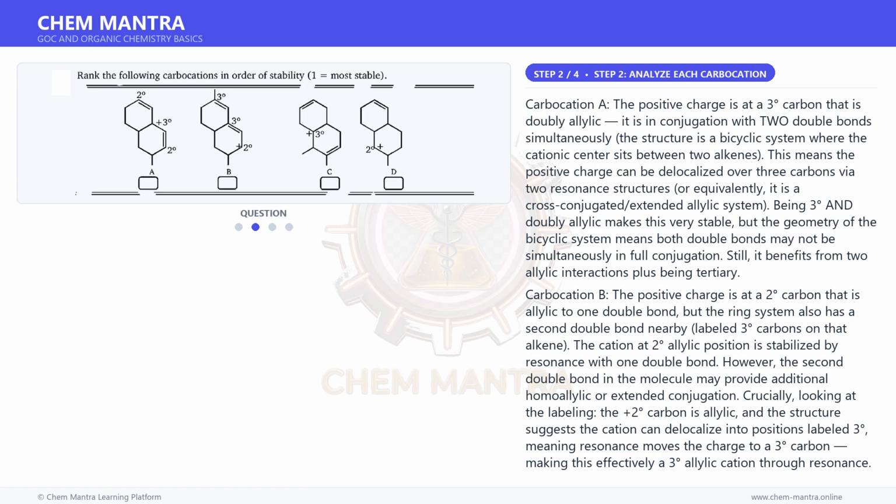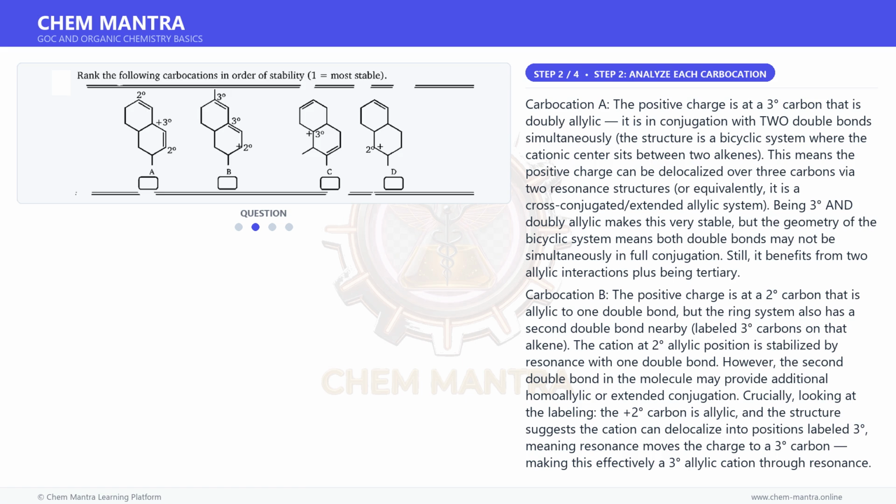Being 3 degrees and doubly allylic makes this very stable, but the geometry of the bicyclic system means both double bonds may not be simultaneously in full conjugation. Still, it benefits from 2 allylic interactions plus being tertiary.